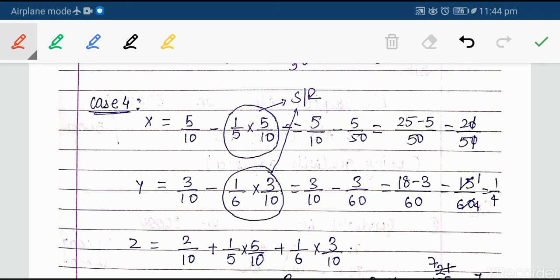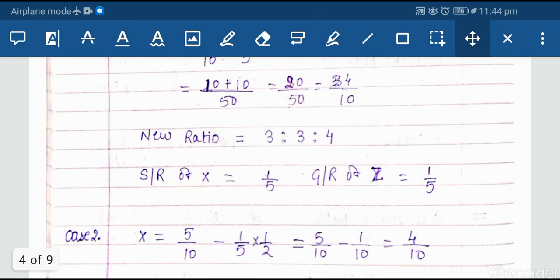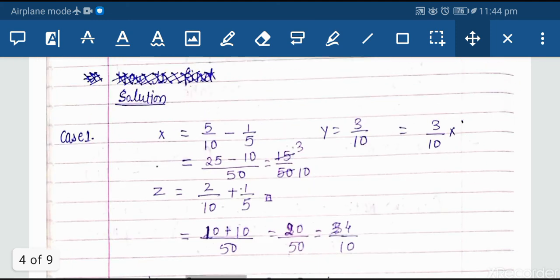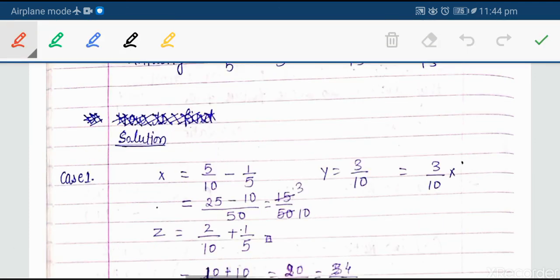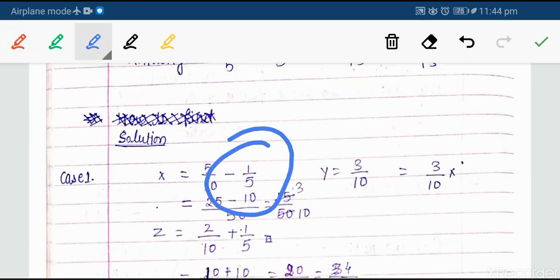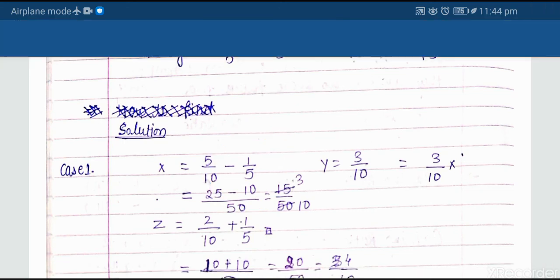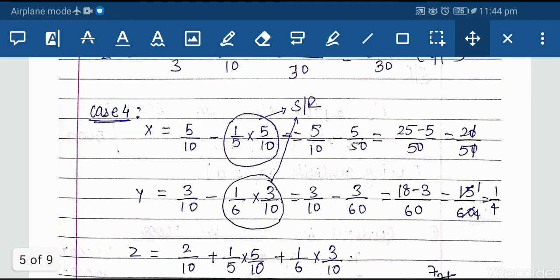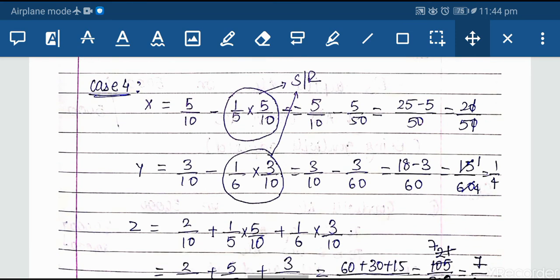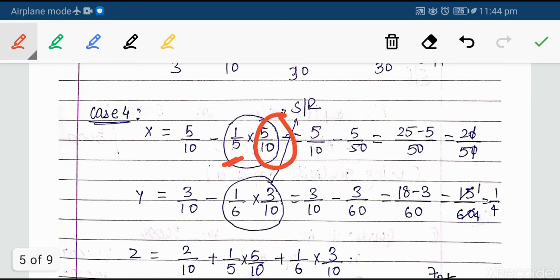So we have to be very careful. In the previous question it was 1/5 from. If it is from, that means 1/5 will be directly deducted from X. But in this case it is 1/5 of X. That is why it is being calculated like this: 1/5 multiplied by his share, X's share, that is 5/10.